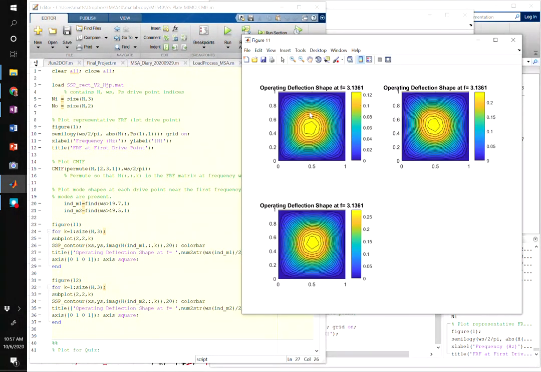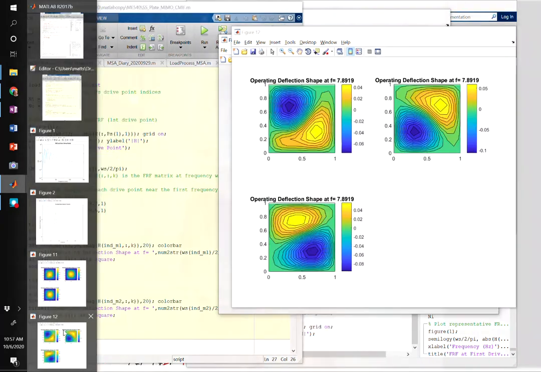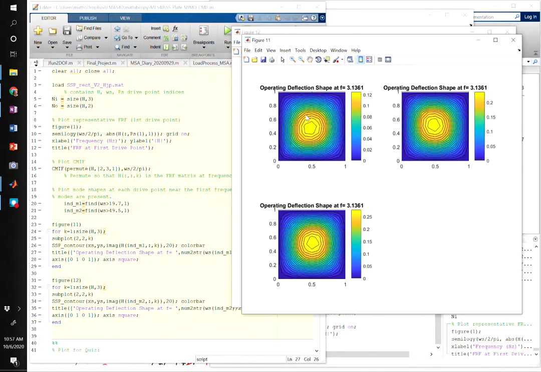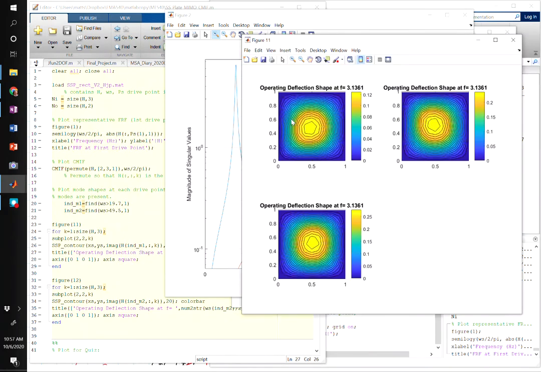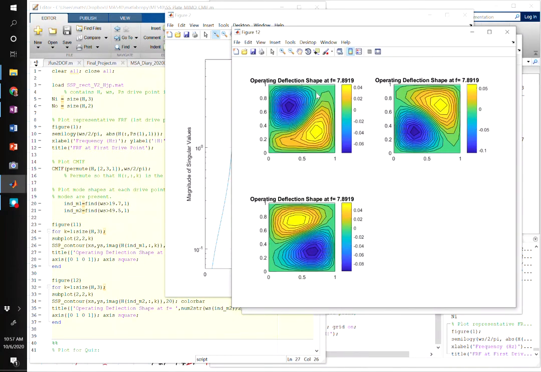For mode 1, it doesn't matter where we apply the force, at any of these forcing points, we always get the same shape. And that's at 3 hertz there. In contrast, we go to 7.8 hertz, so that's this frequency right here. And here we get this mode shape if we apply a force at one point. If we apply it at a different point, the mode shape seems to change. And the third point gives yet another mode shape.